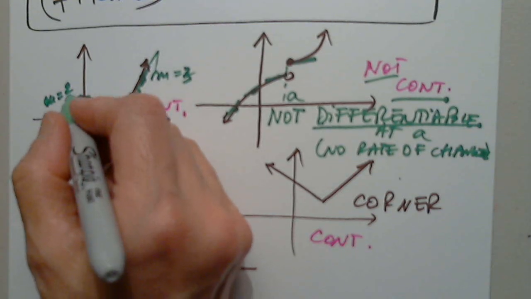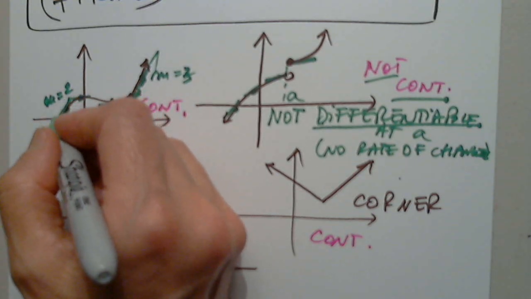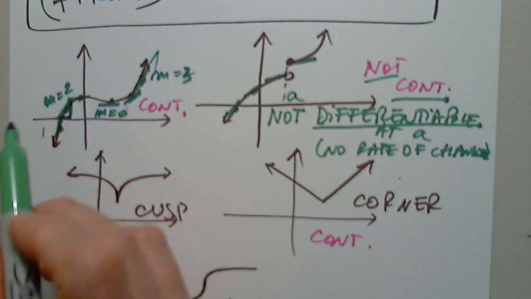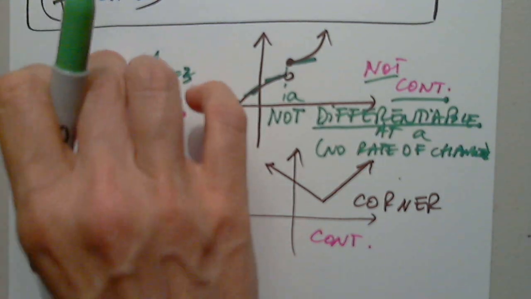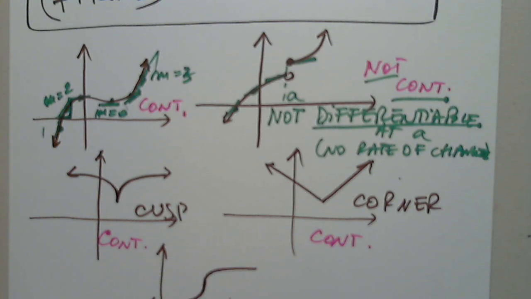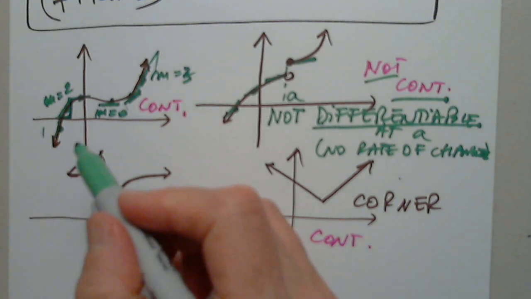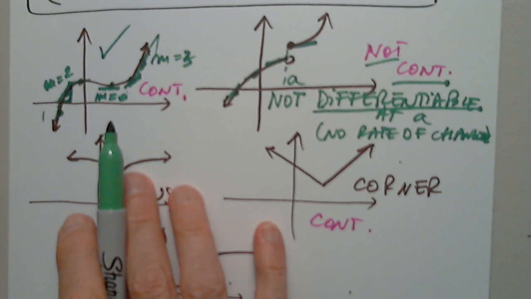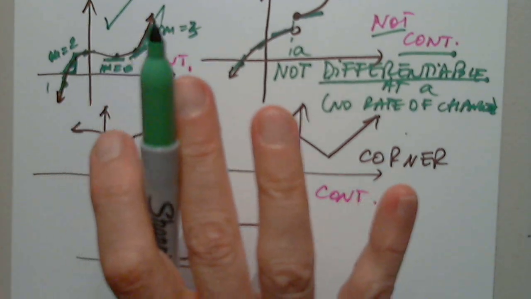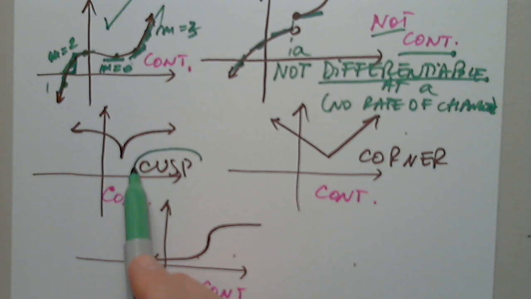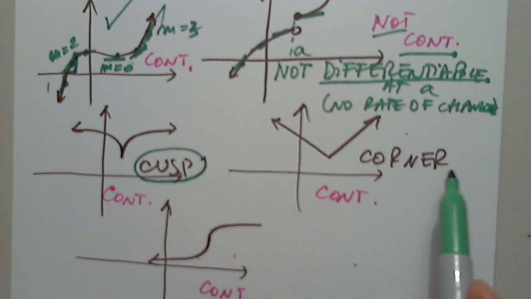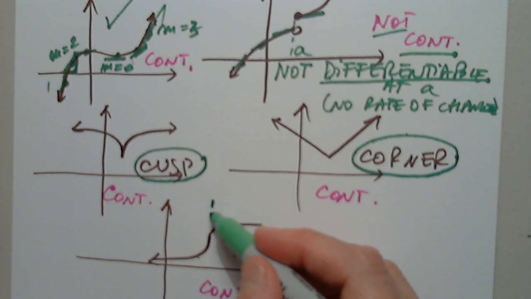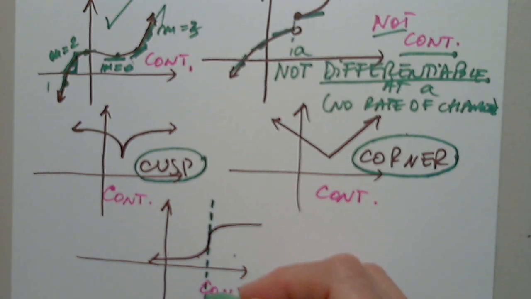Because I draw a right triangle, and I can determine the height and the base. So this is differentiable everywhere. It's continuous. And it does not have a cusp, it does not have a corner, and it does not have a vertical tangent.